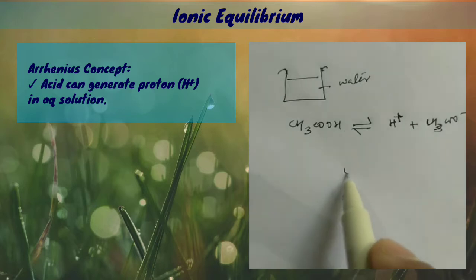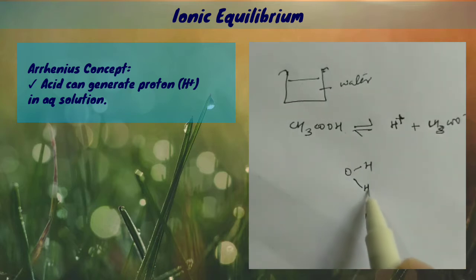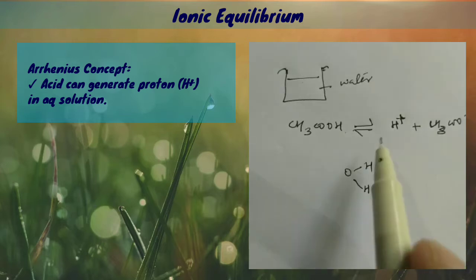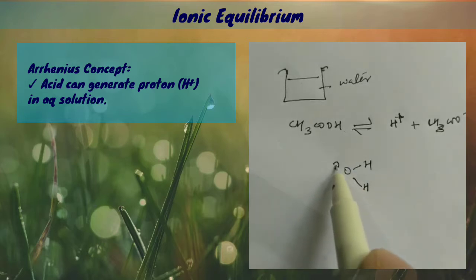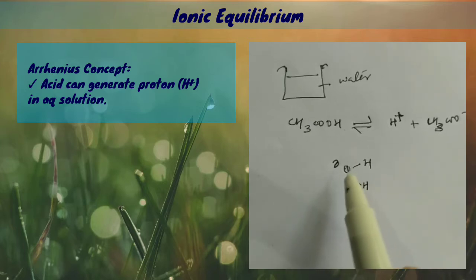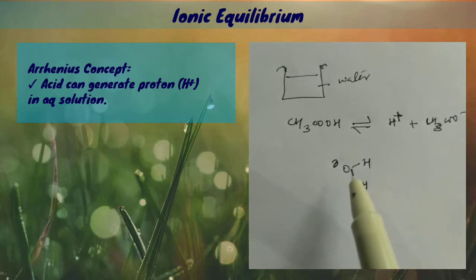Again, we know that a water molecule has two hydrogens and one oxygen atom bonded with each other. Because of the electronegativity difference of oxygen and hydrogen, I think you know about electronegativity, that means the tendency to attract the electron towards themselves.